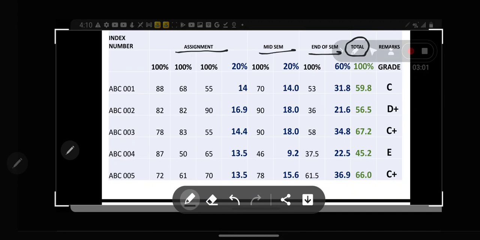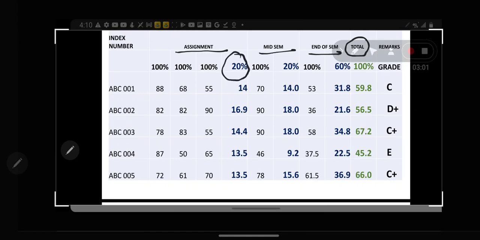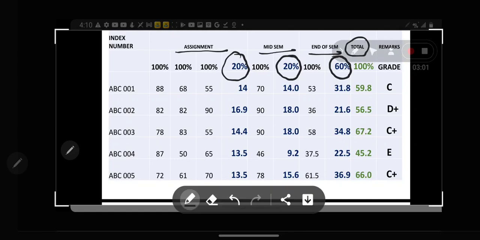Now, according to the standard we are using for grading in the nursing schools, the quizzes and assignments are rated over 20%. Mid-sem is rated over 20%. End of sem is rated over 60%.